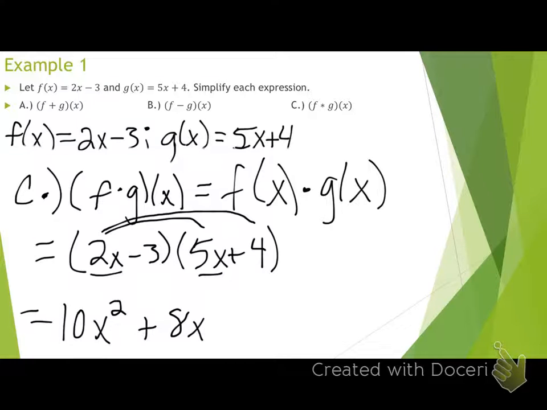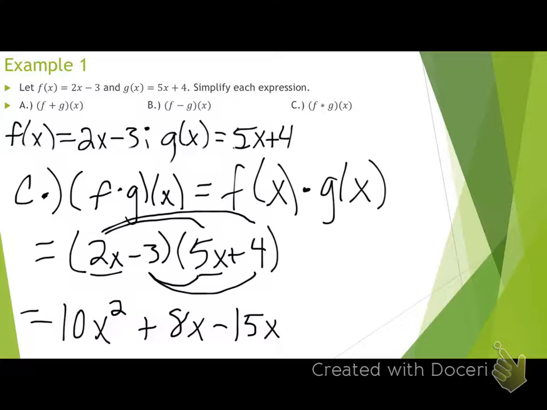If O stands for outer, what does I stand for? Inner. What are my two inner terms? Negative 3 and 5x. So I'm multiplying negative 3 times 5x, which is negative 15x. If F stands for first, what does L stand for? What's my last term of my first set of parentheses? What's my last term of my second set? So I'm multiplying negative 3 times 4.